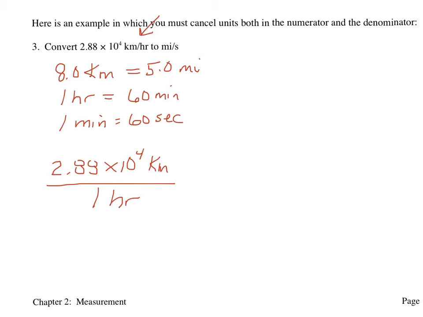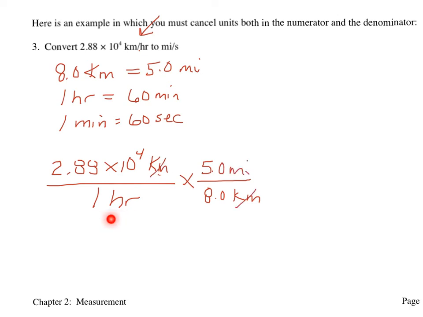Don't write it as a slash, but just write it as a regular whole division sign. Now, just focus for a minute on the kilometers. So you know, based on this equality, that 8 kilometers is 5 miles. So I'll write that next. 8.0 kilometers is the equivalent of 5 miles. That's great. We got rid of kilometers.